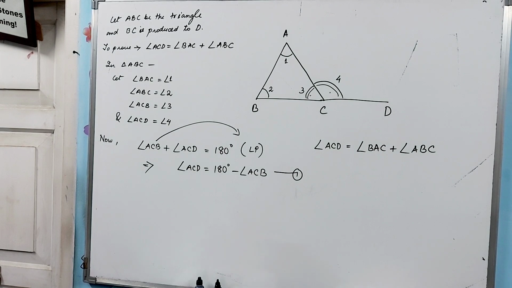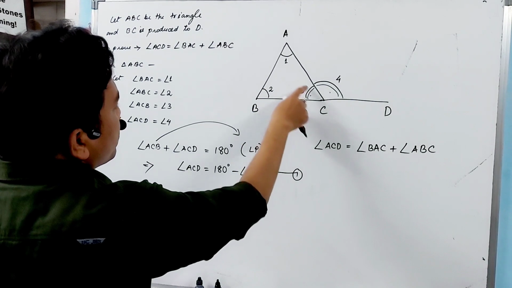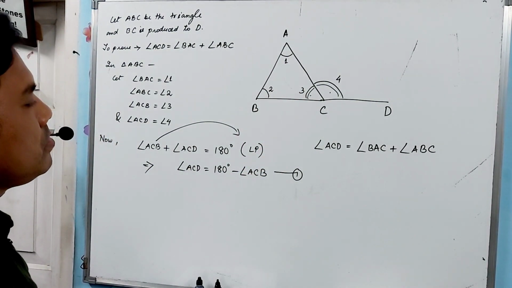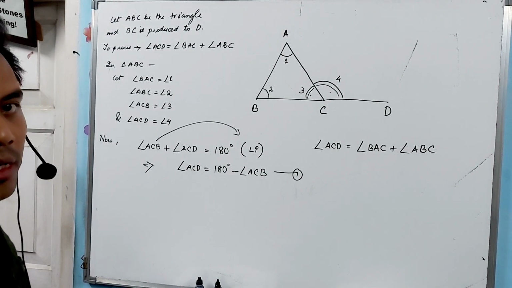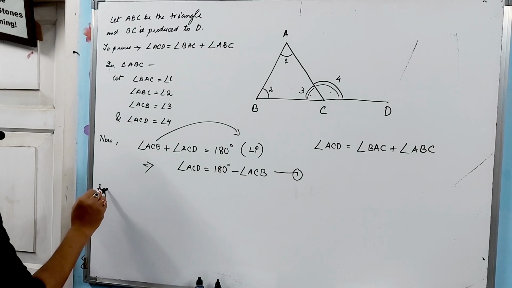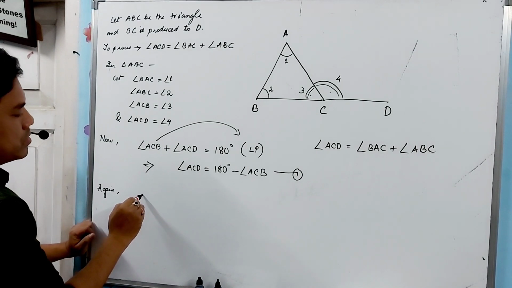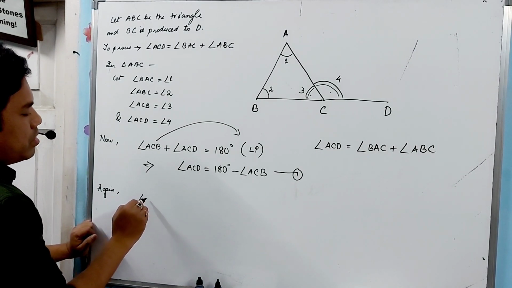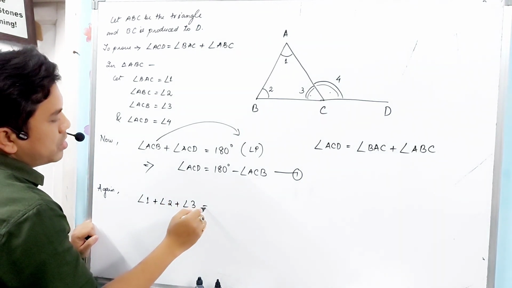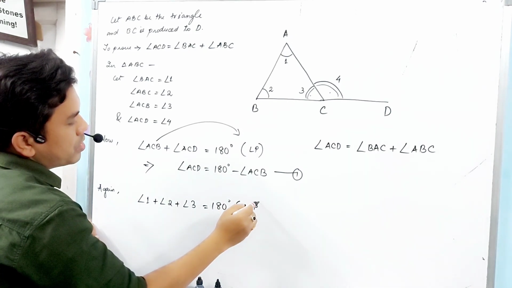Okay. Similarly, the sum of three angles of a triangle is 180 degree, isn't it? Again, we can say that angle 1 plus angle 2 plus angle 3 is equal to 180 degree according to angle sum property.